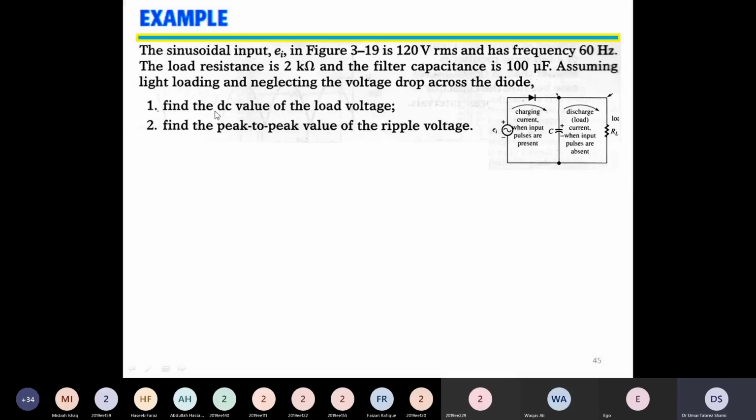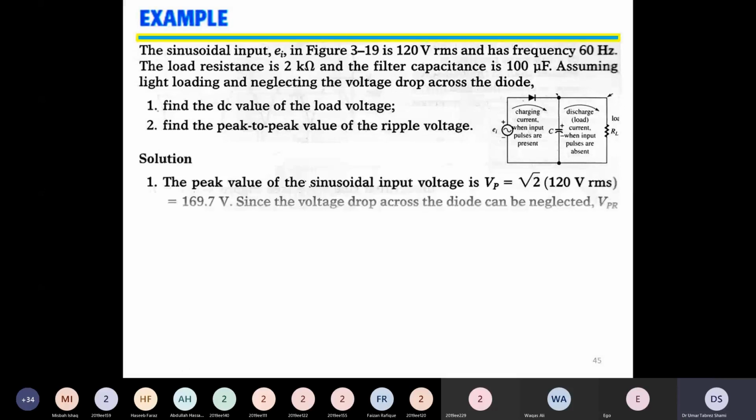We have to find the DC value of the load voltage across RL, and then we have to find the peak to peak value of the ripple voltage.